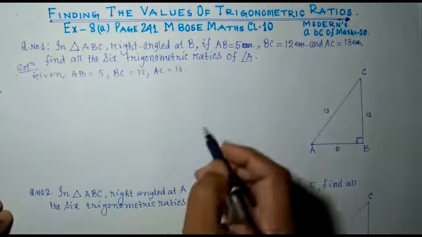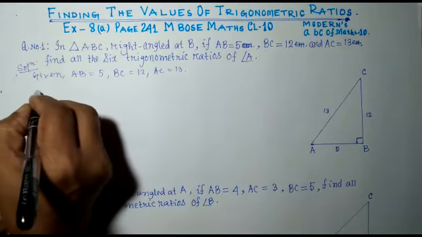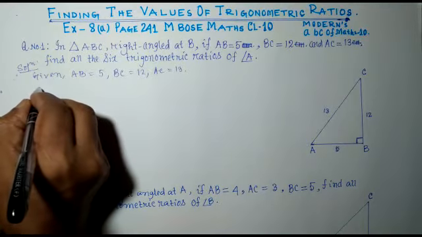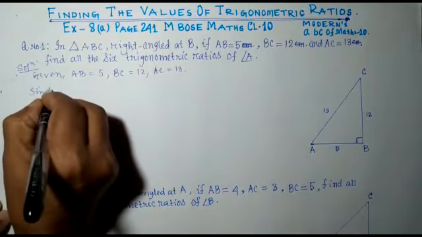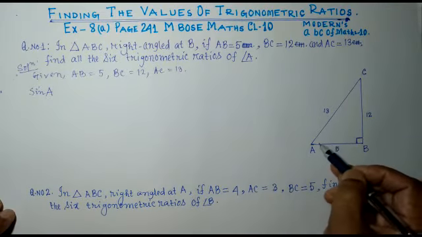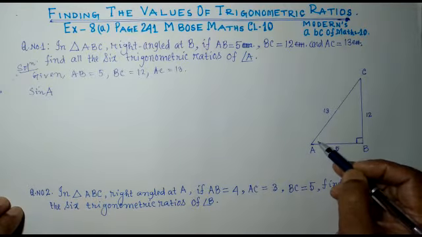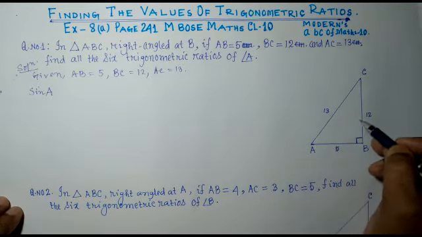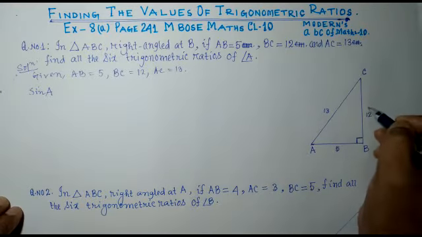So with reference to angle A, the 6 trigonometric ratios, the first one is sine A. We explained with theta, so here directly the angle A. From angle A, the opposite side will be perpendicular. So this BC is our perpendicular.